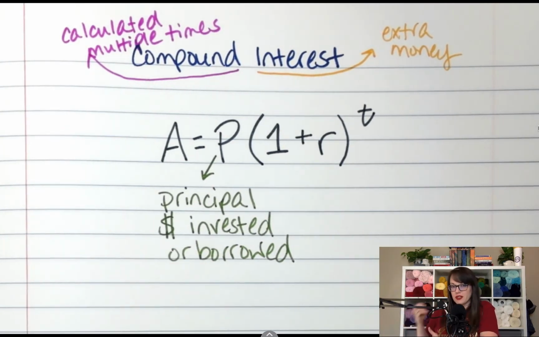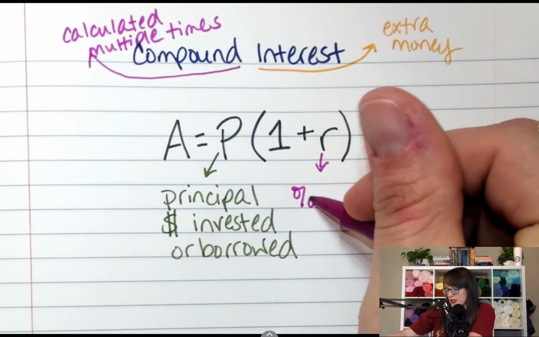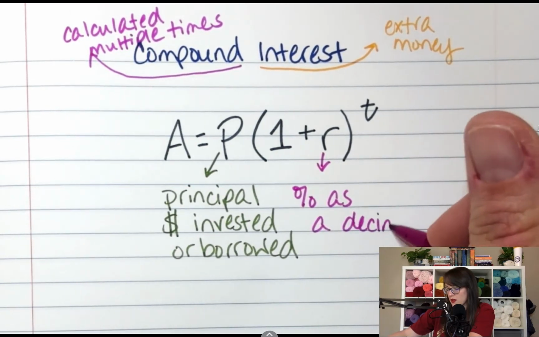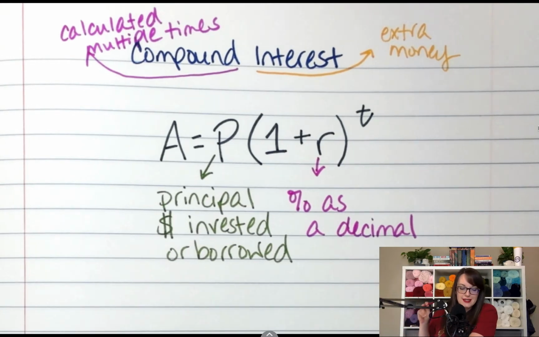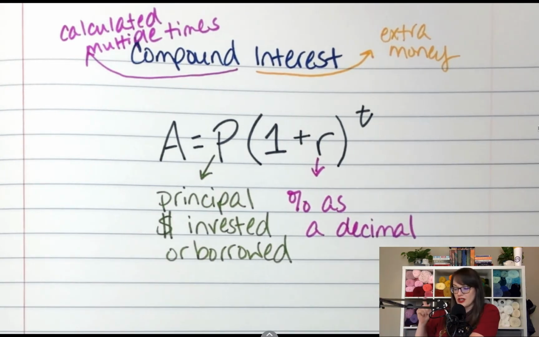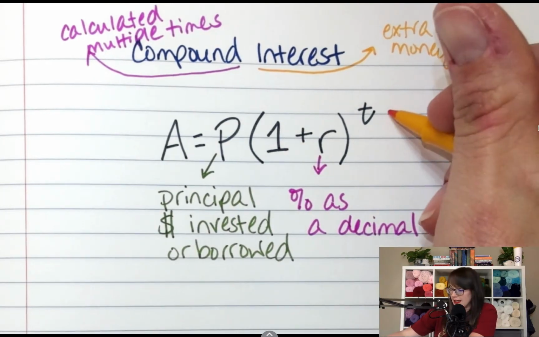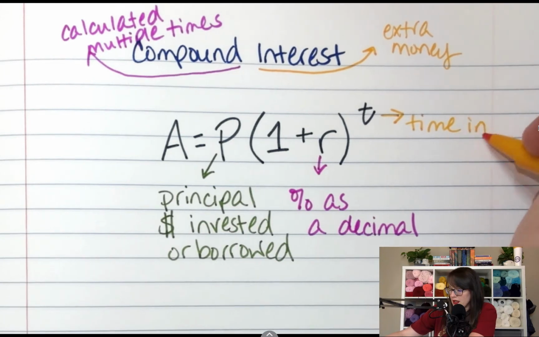For compound interest, it's the same thing. So R is the percent as a decimal. R is the percent written as a decimal. And just like last time, T is time in years.